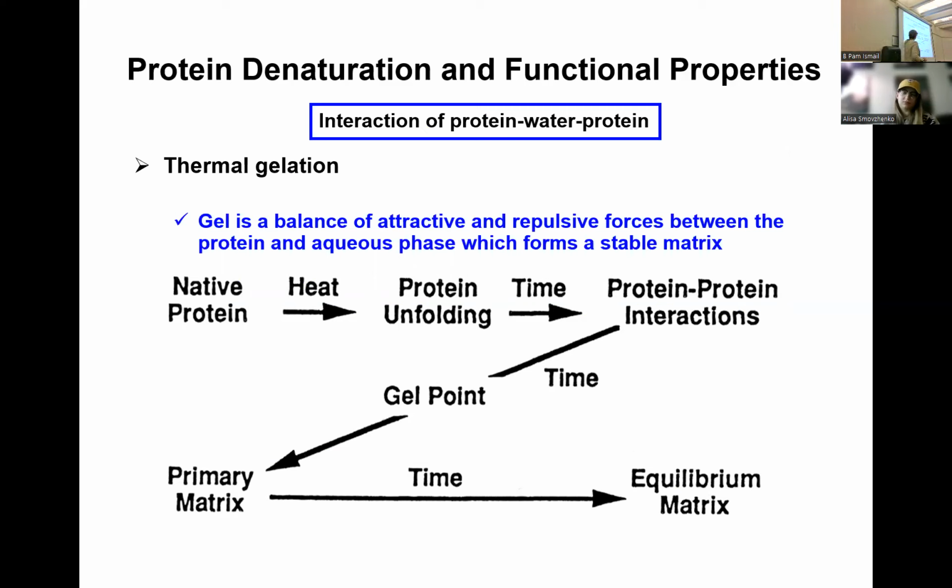Protein properties that impact gelation: molecular weight. Small peptides or polypeptides don't tend to have good gelling behavior unless they have specific characteristics, high hydrophobicity and high sulfhydryl groups. But in general, low molecular weight proteins are not good for gel formation.